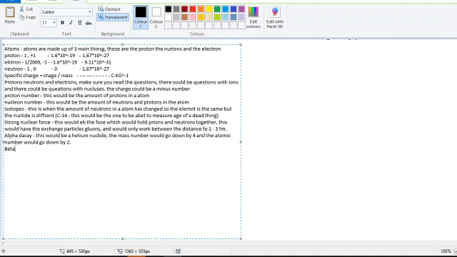Whereas in beta decay, this would be the equivalent of adding a proton, so the proton number goes up, because beta is a literal electron, but obviously there are issues, because the proton's changing.